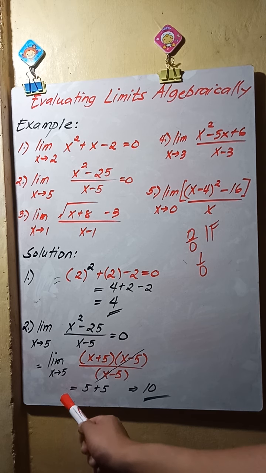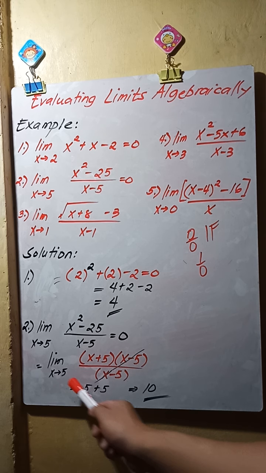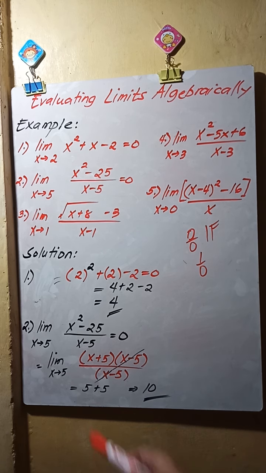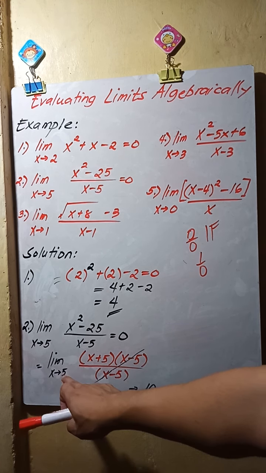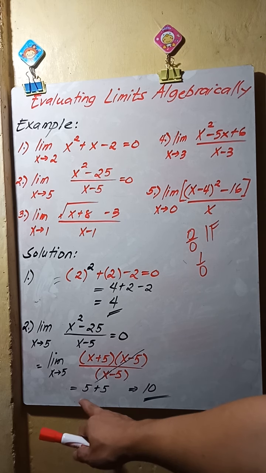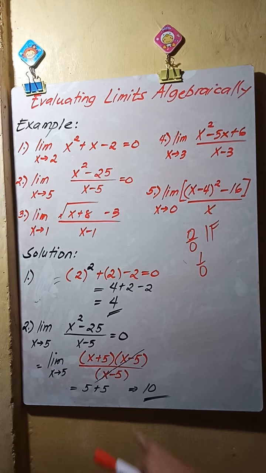And then kung mapapansin niyo dito sa 5 plus 5, wala na yung limit as x approaches to 5 kasi yung 5 nilagay ko na sa mismong x, which is yung natira lang sa atin is x plus 5. When x is 5, that is 5 plus 5. So yung magiging value natin ng number 2 question is just positive 10. So ayan yung value natin ng number 2 example natin.